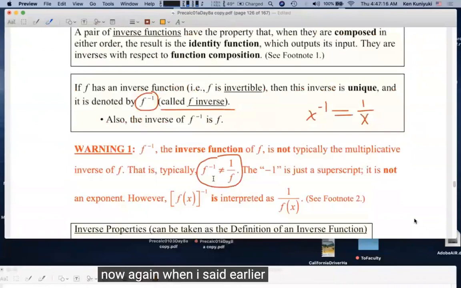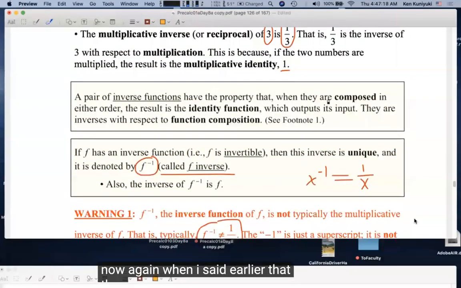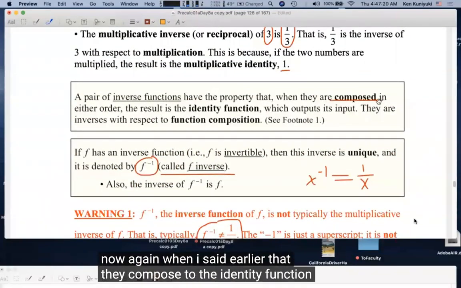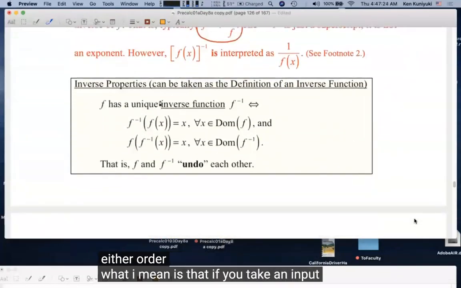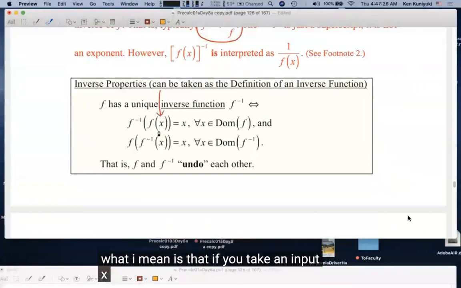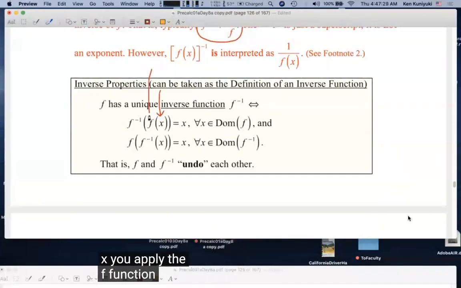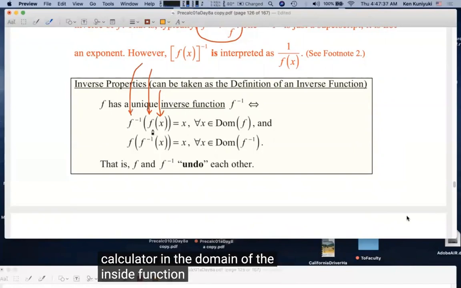When I said earlier that they compose to the identity function in either order, what I mean is that if you take an input x, you apply the f function, and then you apply the inverse function. It's like you plug a number into a calculator in the domain of the inside function f.